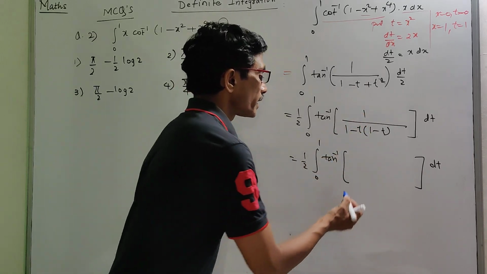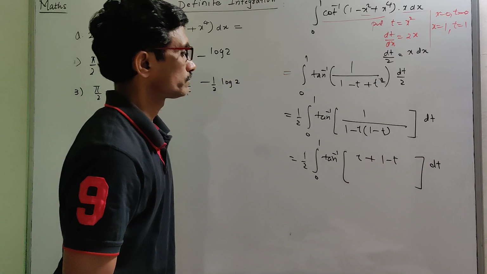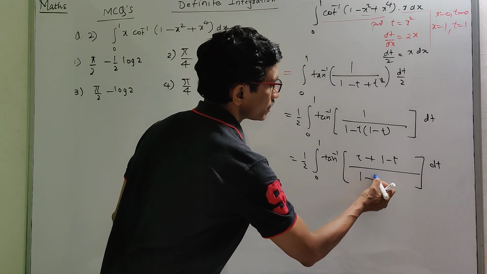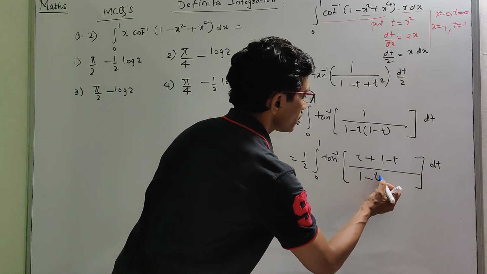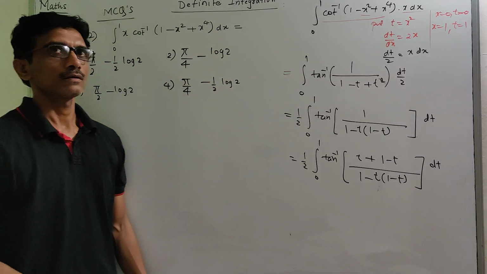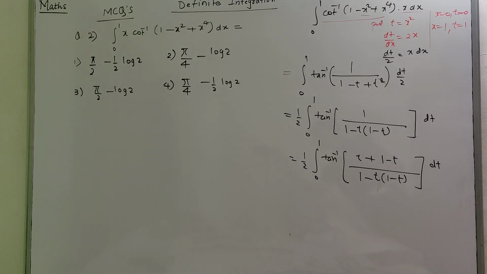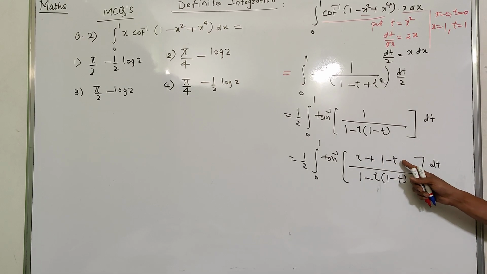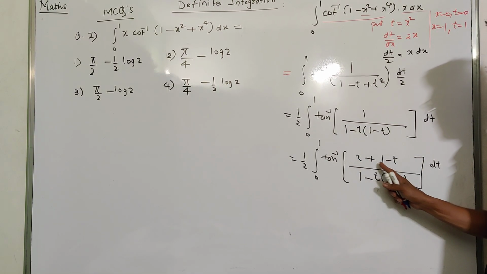So the numerator we can write as t plus 1 minus t upon 1 minus t into t into 1 minus t into... so that t and minus t are cancelled, and here it is 1, so 1 can be expressed like this.